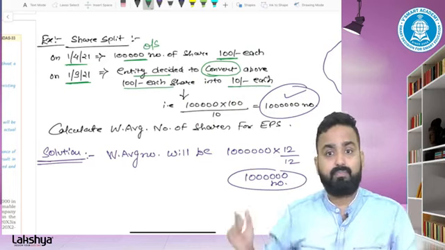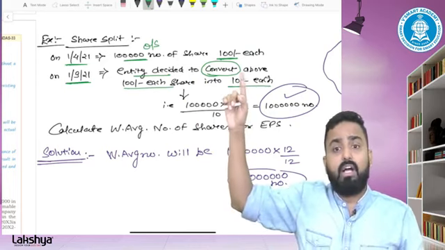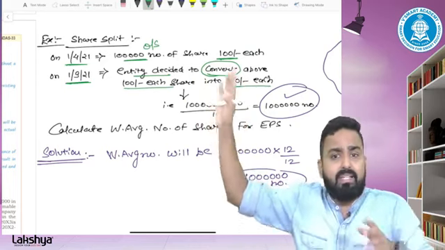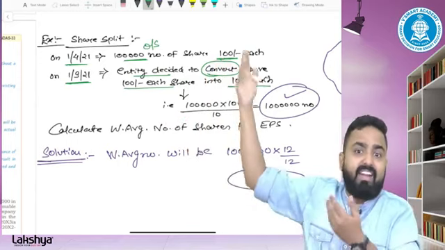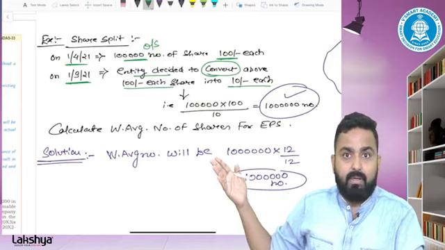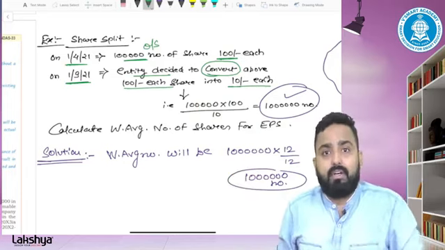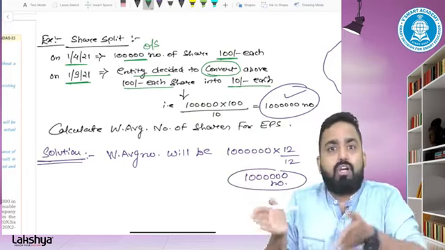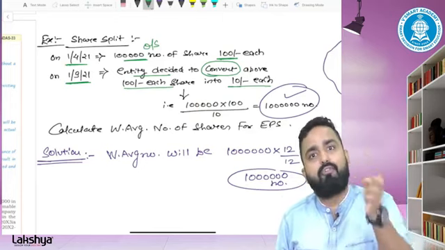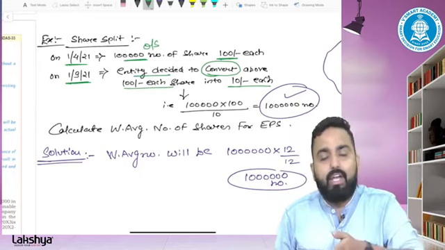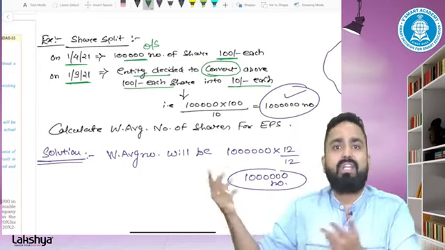That means basically there is no new transaction in this. We haven't raised any funds. We just split our 1 lakh shares of 100 each into 10 each.